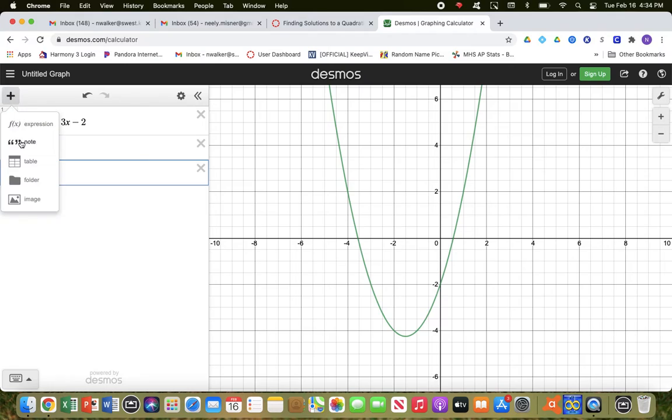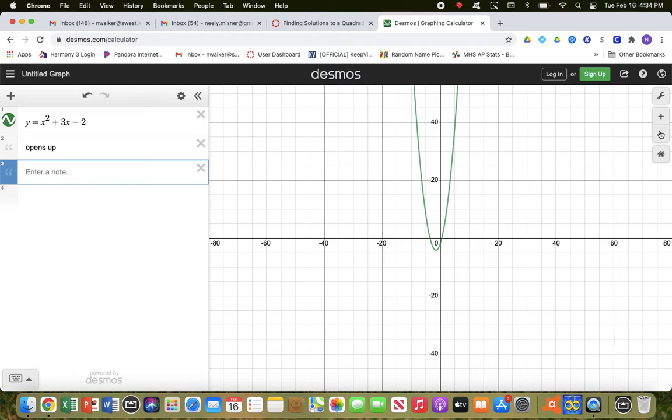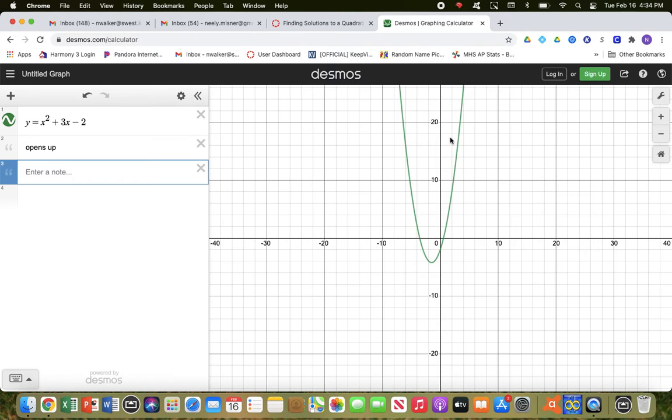The second thing I'm going to ask you about the parabolas today is, does this have a maximum or a minimum point? I'm asking you, does it have a high point or a low point on the graph? On this one, it does have a low point, and you can zoom out and see that this graph is going to go up forever and ever.